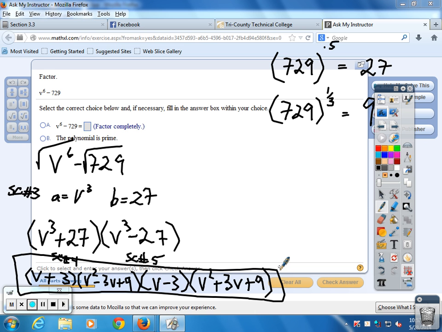Now do it the other way. Do shortcut number 5 first. I'll give everybody a minute to write that down. Now let's do it with shortcut number 5 first.